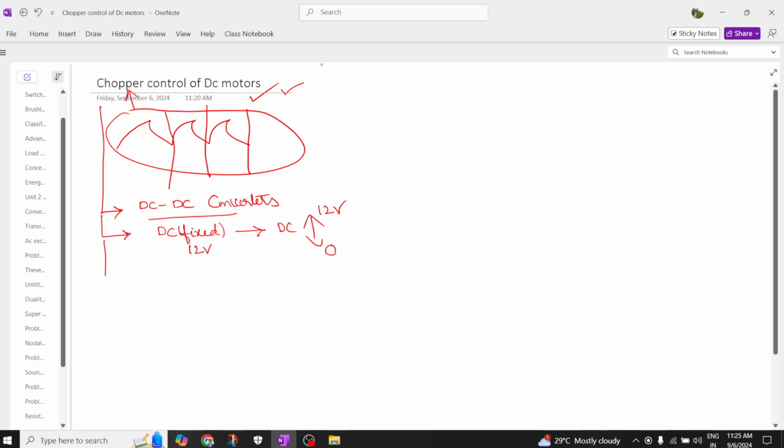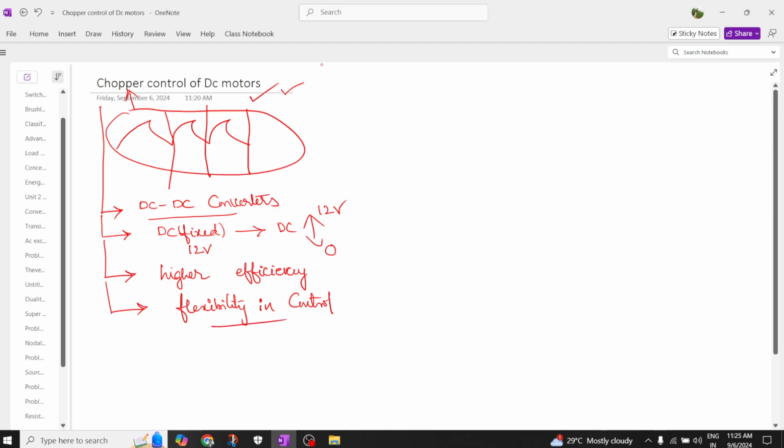These choppers basically have higher efficiencies compared to the remaining power electronics, and the way you control the speed of motors using a chopper is very simple. Therefore, these choppers have flexibility in control.